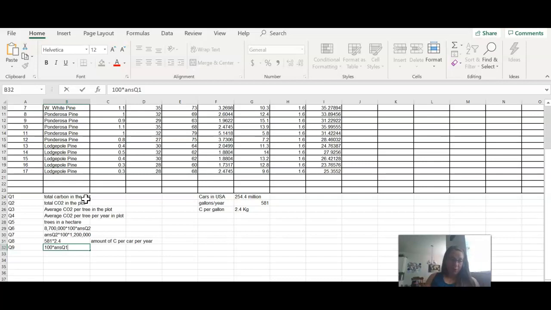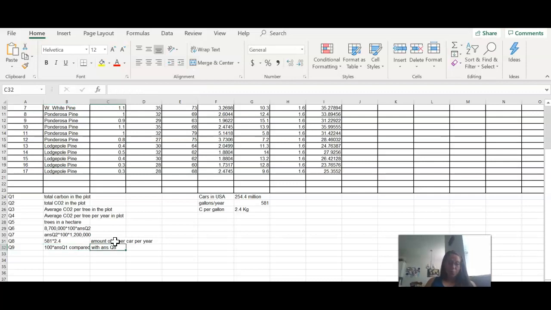And if we compare that with the answer that we obtained for question 8, then we are able to determine how many hectares take up how much carbon based on the answer for 8.